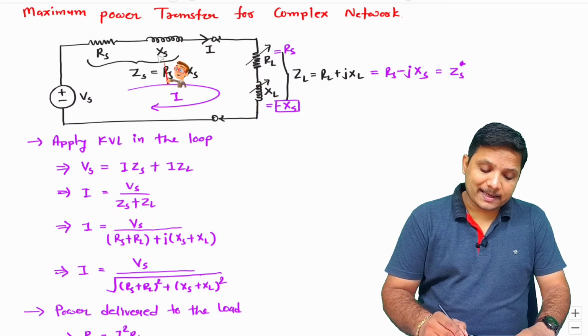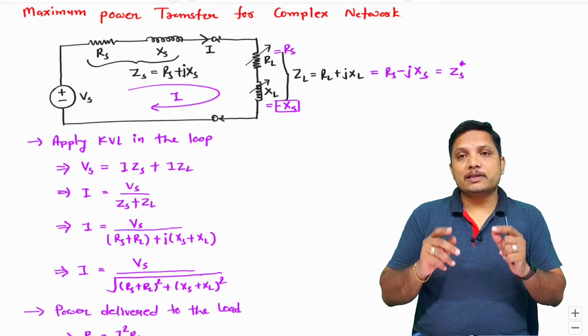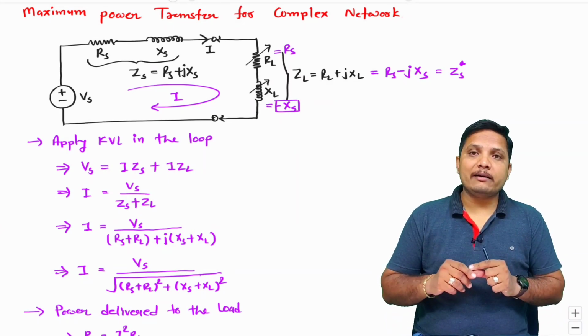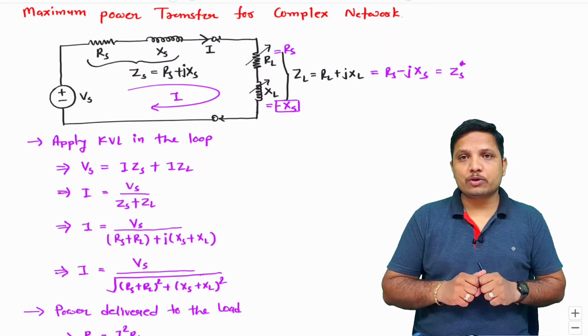So if you have XS over here, then it should be minus of XS over here, that should be equal to XL, right? So this is the basic thing that you should keep in your mind about the maximum power transfer theorem. I hope you have understood this.